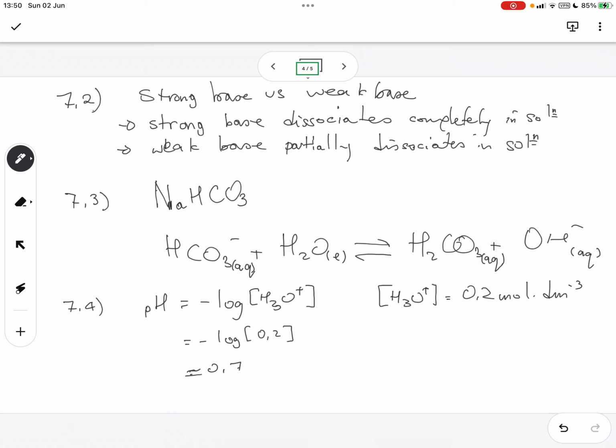Give a reason why the methyl orange is a suitable indicator in this titration. So it's a suitable indicator in the titration because... Okay, let's see the reason here.